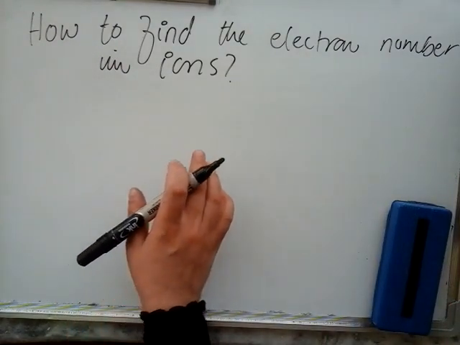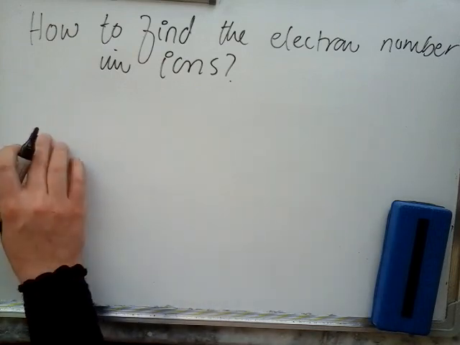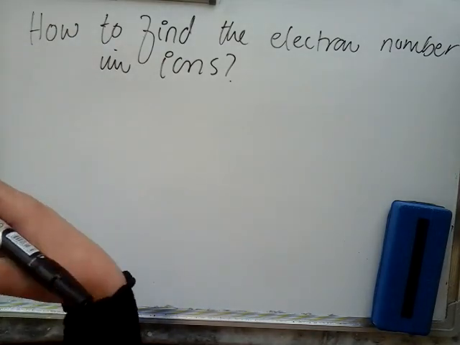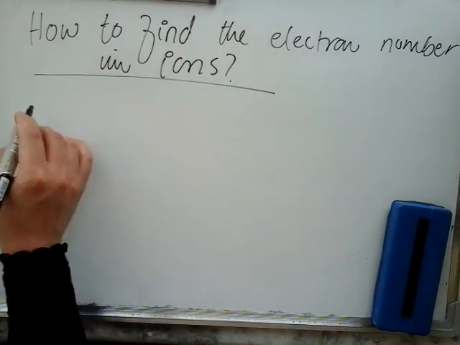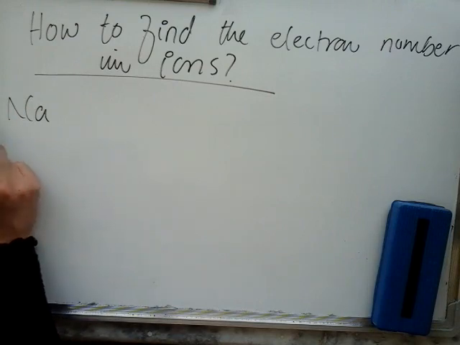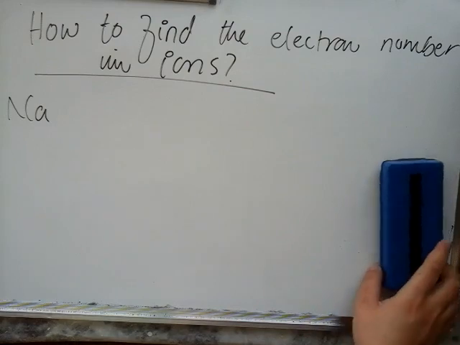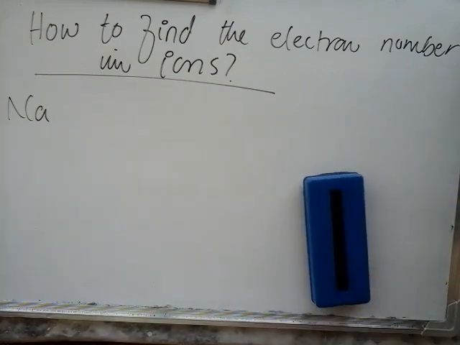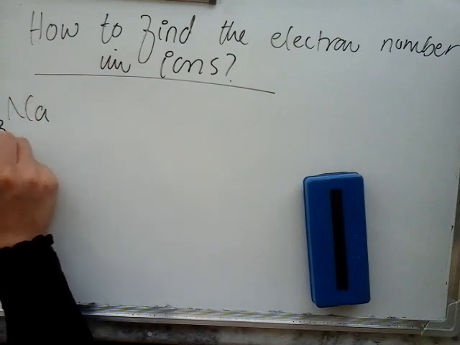Now a very important question, a very important part of the lecture as well. Keep listening carefully: how to find the electron number in ions. If ions are given to us, how can we find their electron number? Let's suppose we have sodium. Suppose that the atomic number of sodium is 11 and mass number is 23.